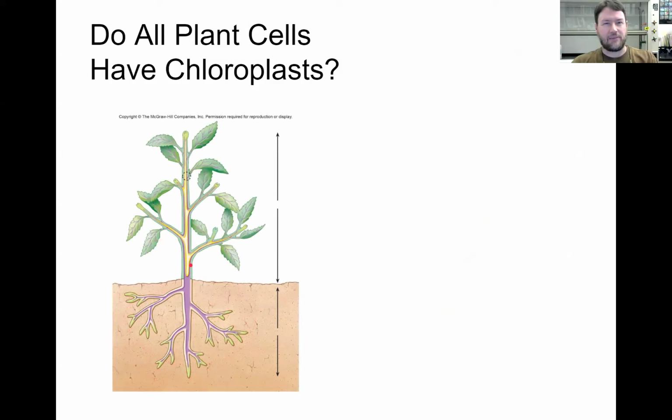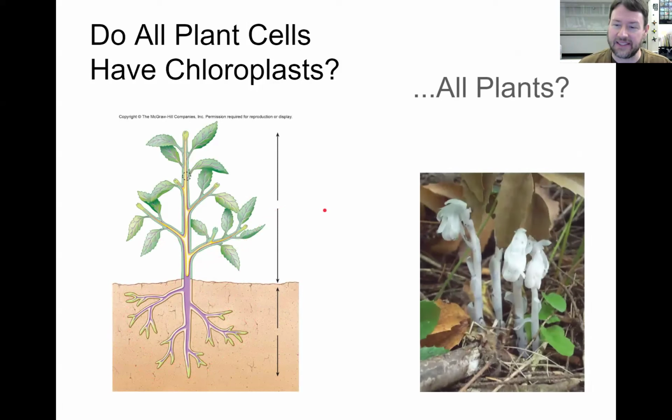Well, surely at least some of the cells in every plant have chloroplasts, right? Turns out there's always an exception in biology. Always an exception. Here's a flowering plant called ghost pipe that lacks chloroplasts because it's a parasite. It is actually a heterotroph.